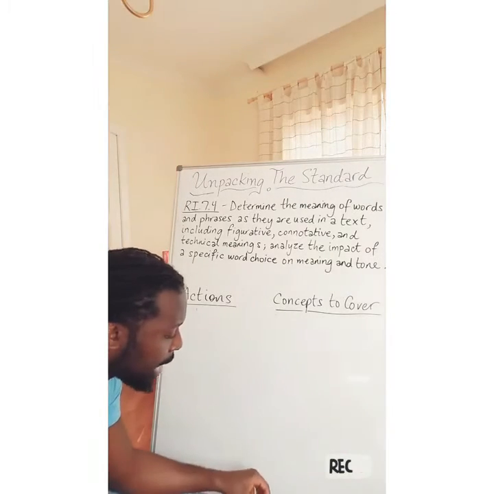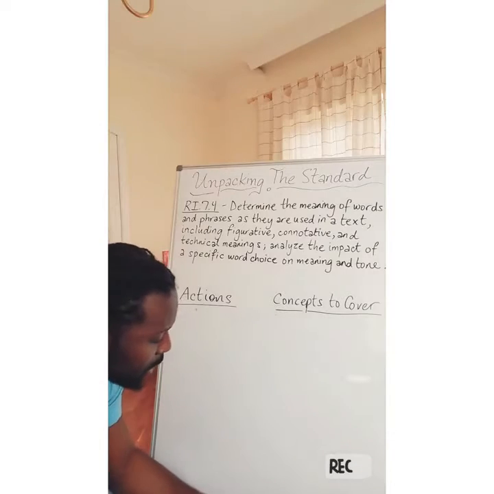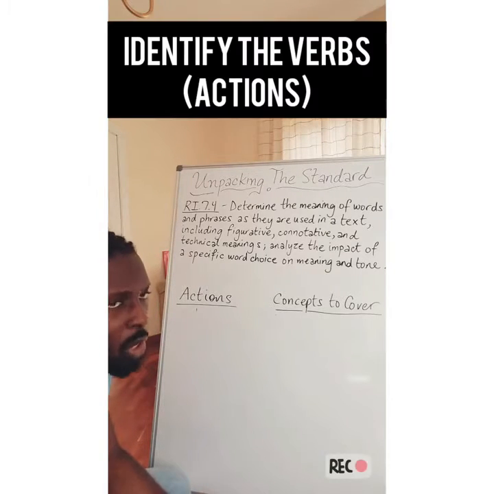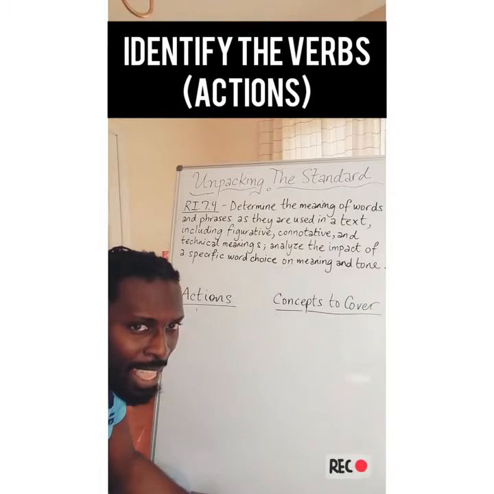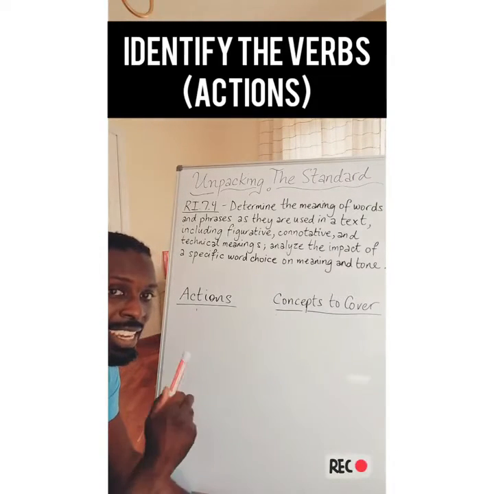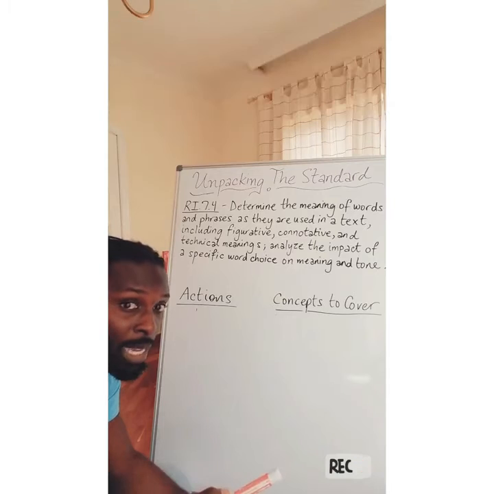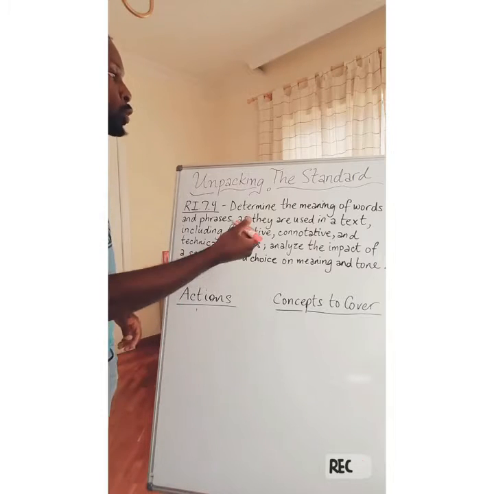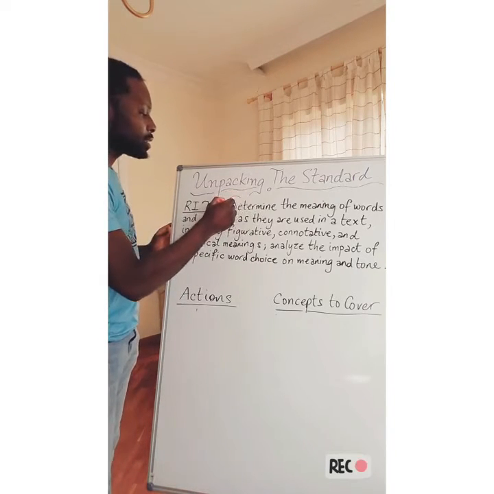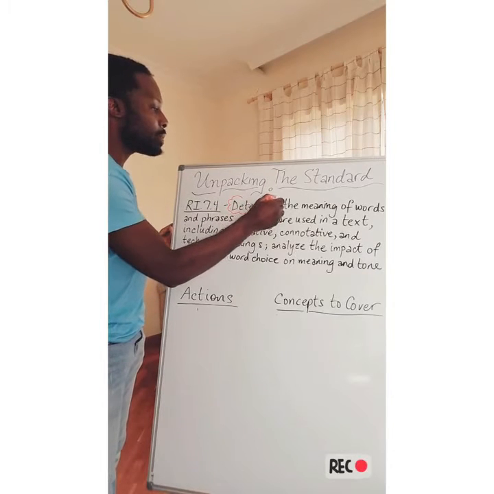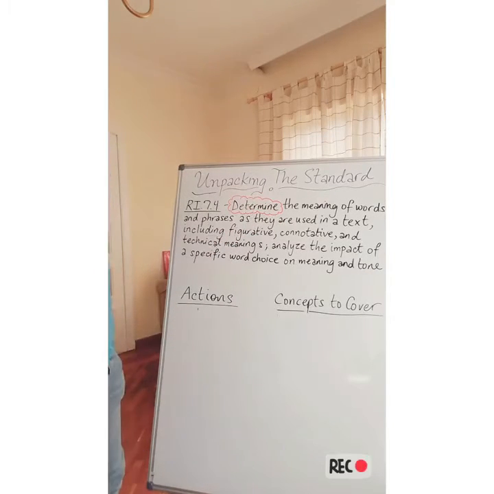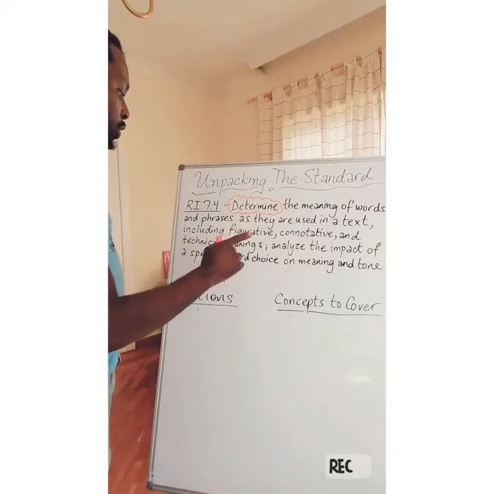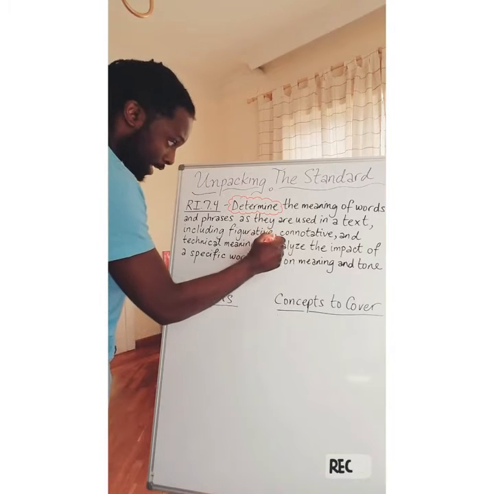So we're going to go ahead and do some annotating. So the first thing I'm going to do is circle the verbs, the action verbs that exist within this standard. And these are the actions that students should be performing when doing this standard. So the first verb I see is the very first word in the standard, and that's determine. They must determine the meaning of words and phrases, right? And then if you go further, you see another verb, analyze.